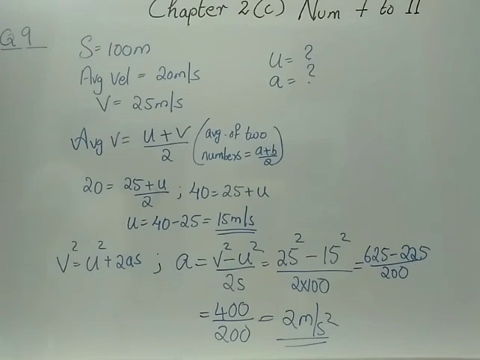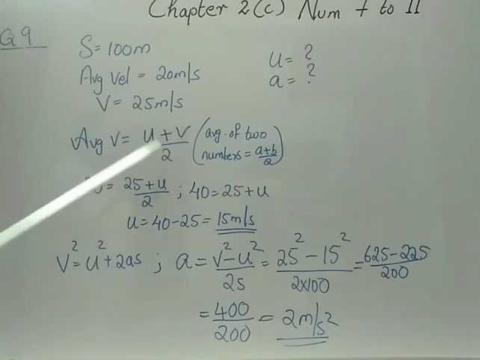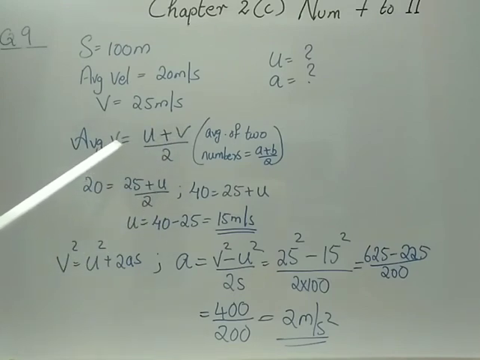If you are asked to find the average of 2 and 3, how will you calculate? 2 plus 3 by 2. The same way, average velocity means final velocity plus initial velocity, both velocities, we are taking two values divided by the number of occurrences, 2. That is u plus v by 2. You just imagine this is not an equation, it is how to find the average of two velocities.